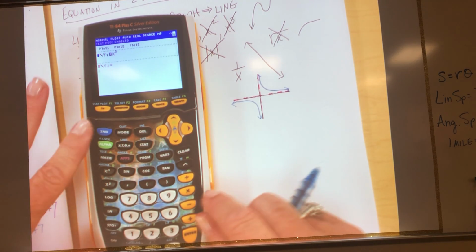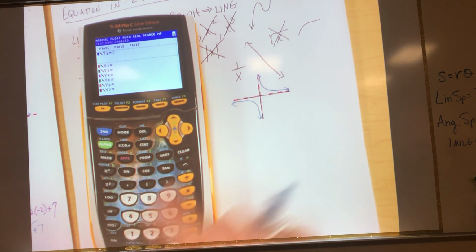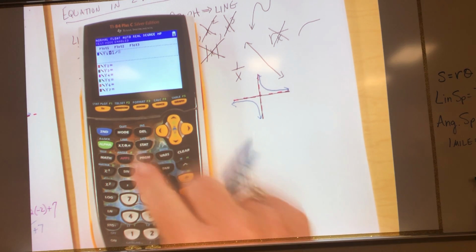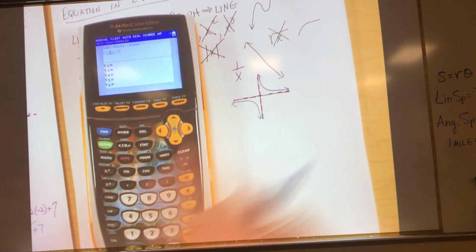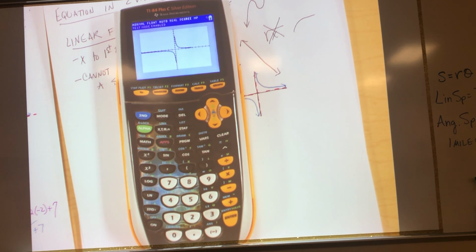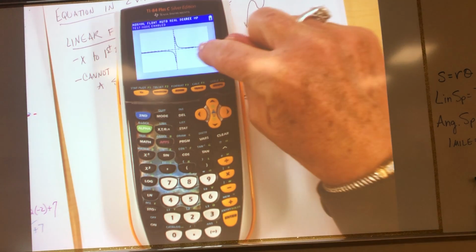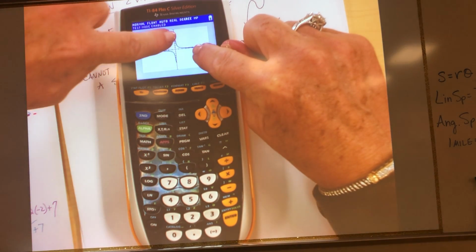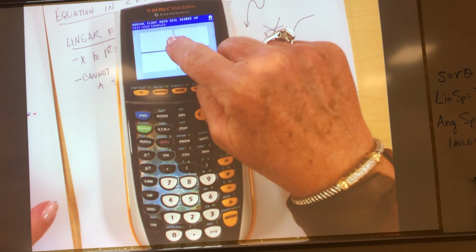So let me show you a picture of what that looks like, because sometimes my calculator looks a little funky. This is a newfangled calculator, so it looks a lot better. If you graphed it on my old calculators, or the ones that we have in the classroom, it's actually going to stop right here and right here. You see how it stopped right there?